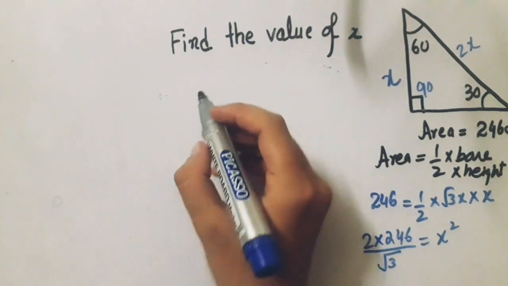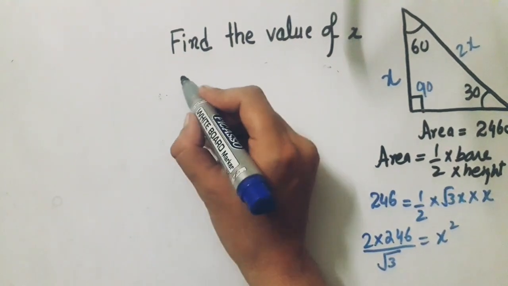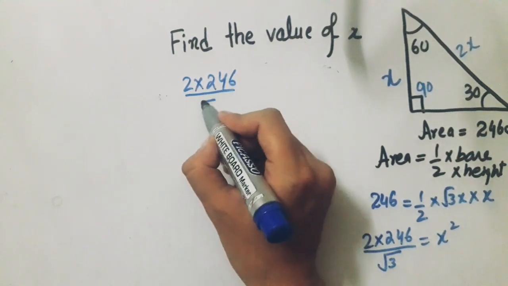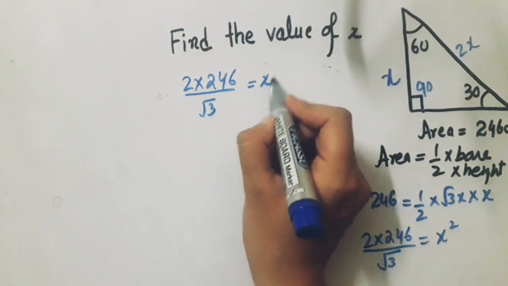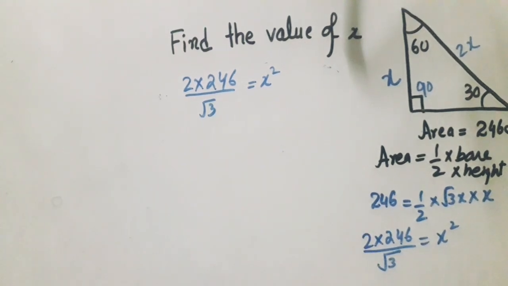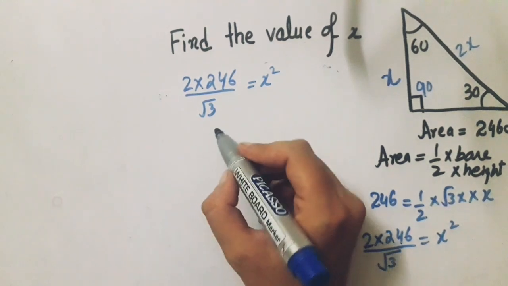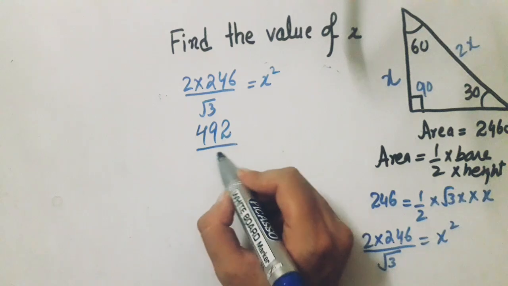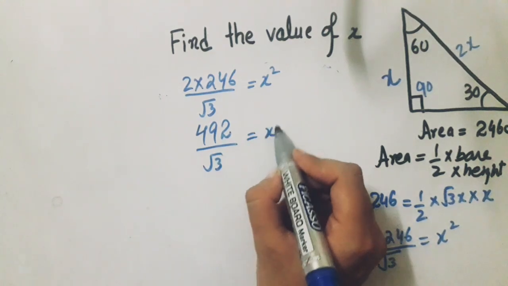So we will write this as 2 multiplied by 246 divided by square root 3 equals x square. So 246 multiplied by 2 is 492, divided by square root 3 is x square.